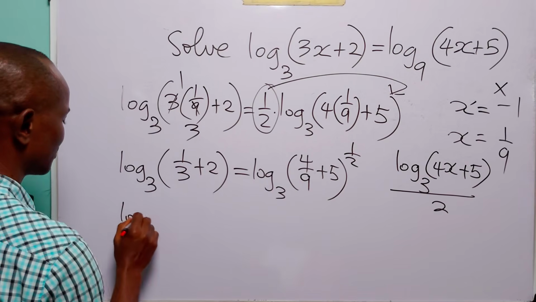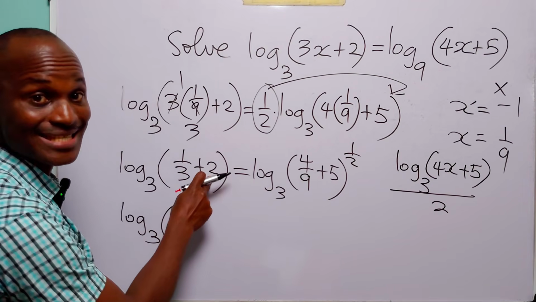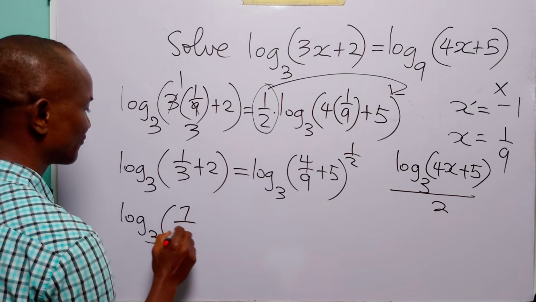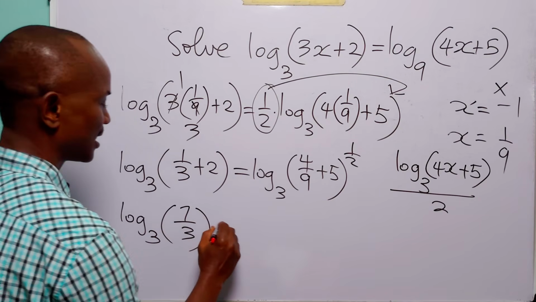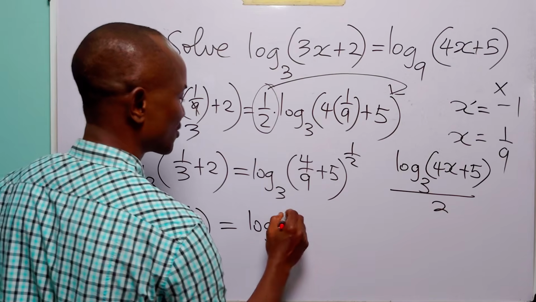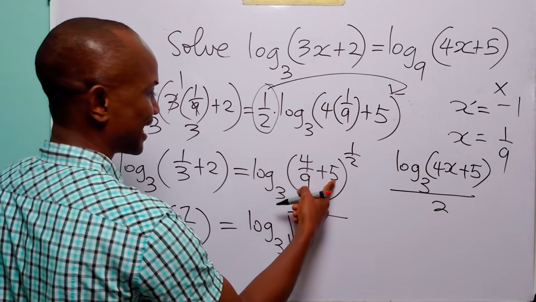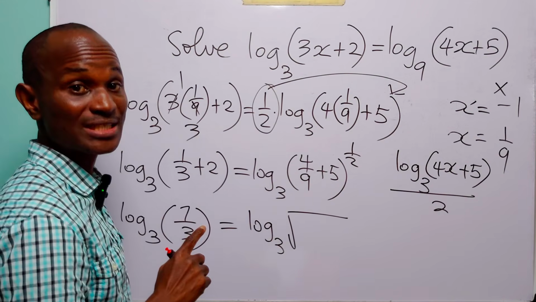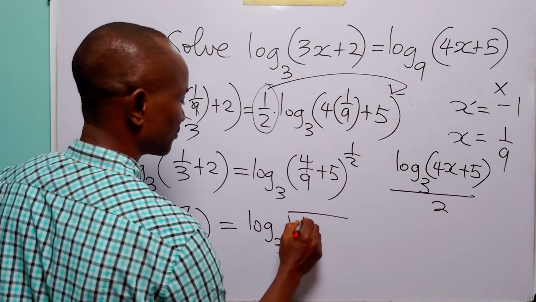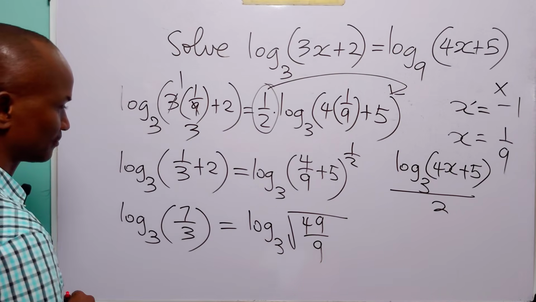Now here we have log to base 3 of 3 times 2 is 6 plus 1, 7 over 3. And here we have log to base 3 of the square root, because of this half, of 9 times 5 is 45 plus 4, 49 over 9.